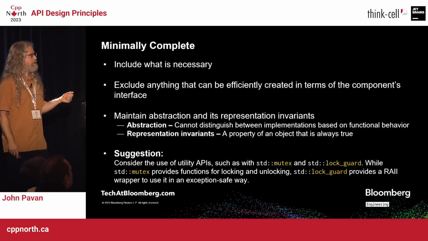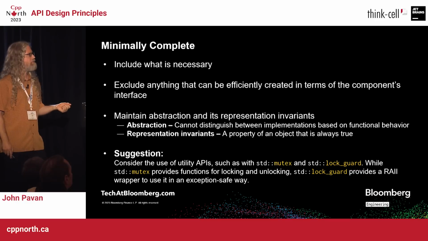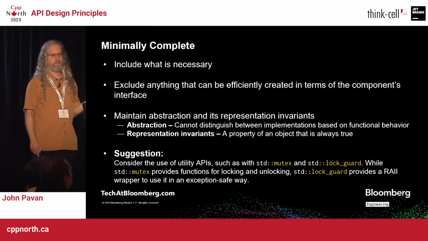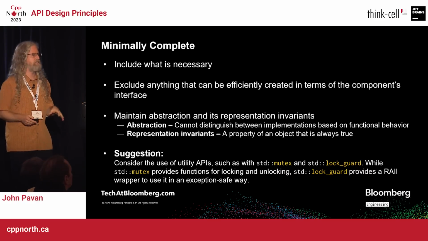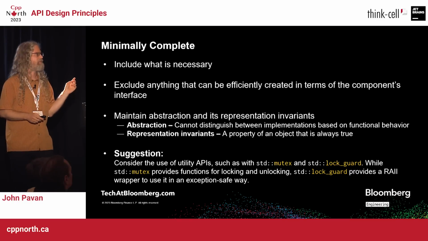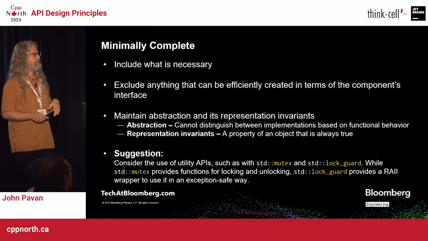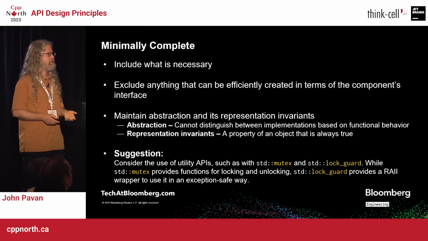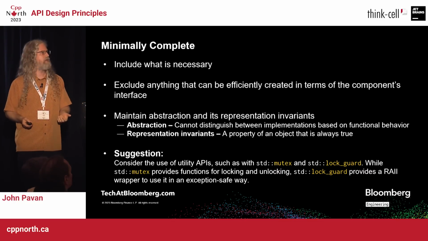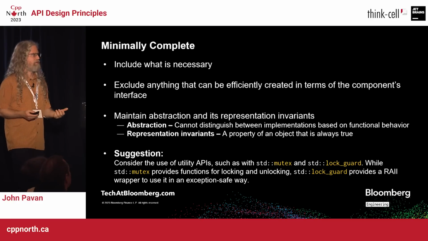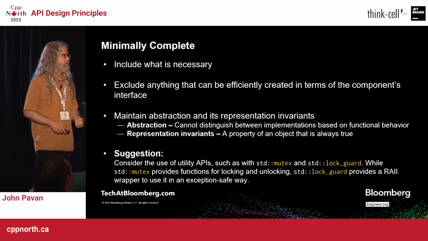You want to try to make your API minimally complete. This means that you want to include everything that is necessary, but exclude everything that can be efficiently created in terms of the stuff that was necessary. This makes it easier for you to maintain abstraction, so that people can't distinguish between the implementations, and to maintain the representational invariance, so basically the tautologies of a particular API.